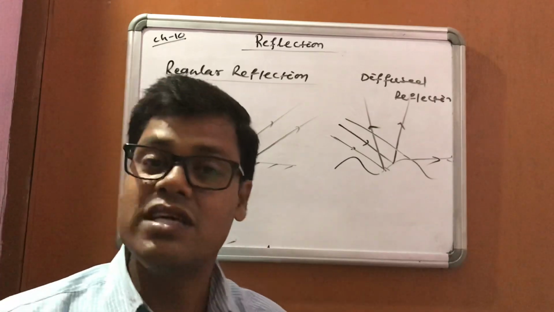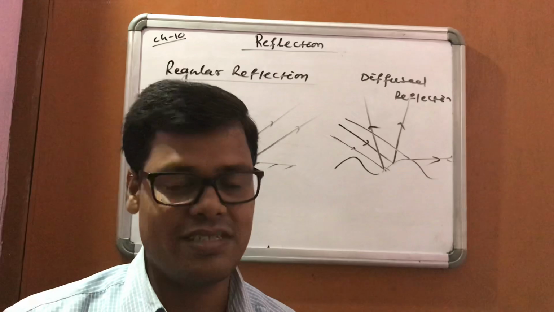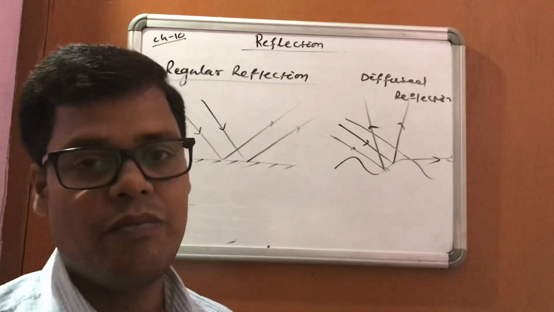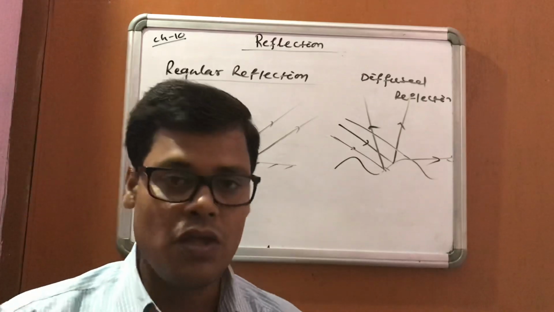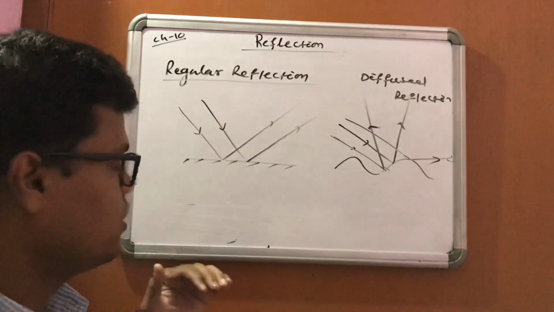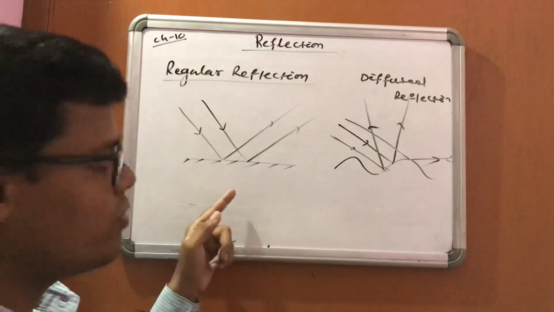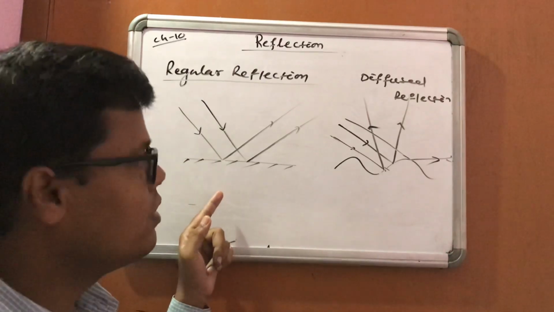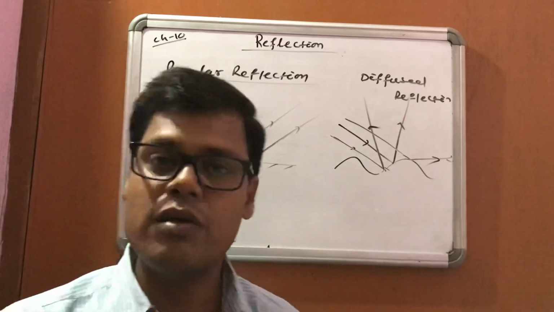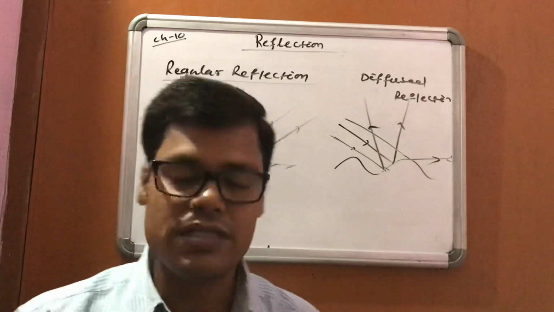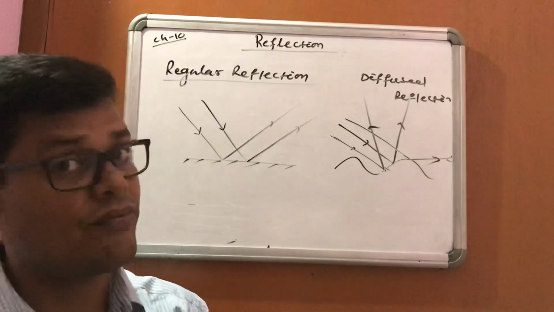We are able to see the image in a plane mirror, but we don't see the image in a sheet of paper. The difference is that the surface of the plane mirror is plane and polished. That's where regular reflection takes place, where an image is formed. The surface of the sheet of paper is diffused and irregular. That's where diffuse reflection takes place, and we cannot see the image on that reflecting surface.